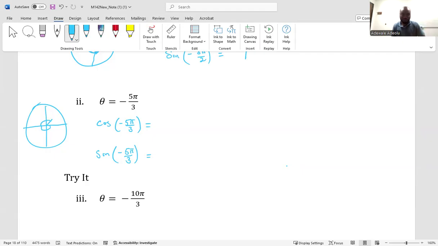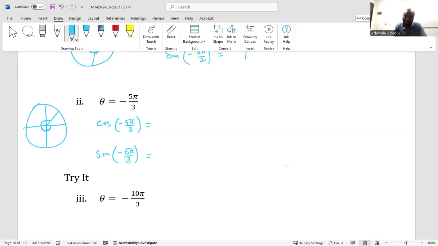So the fifth one should be somewhere here in the first quadrant. Remember that if you're finding the reference angle, from here all through to this place, we have 270 already.